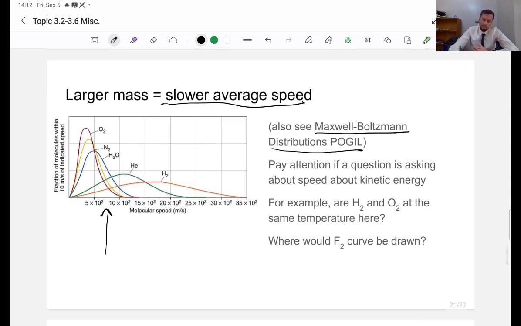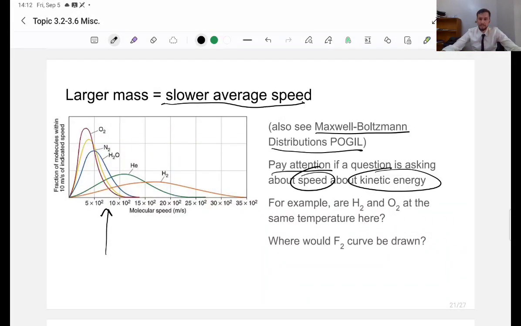But why I bring this up again is to pay attention if a question is asking about speed or kinetic energy, because I noticed the AP Chem questions on gases tend to assess students on whether they understand the difference between speed and kinetic energy. Do they understand the difference or not? Or do they think they're one and the same?